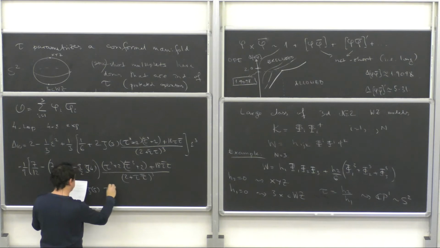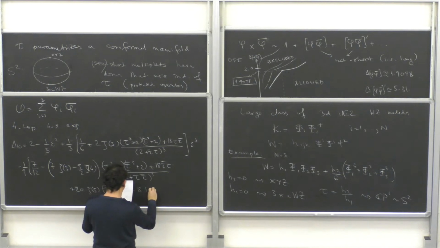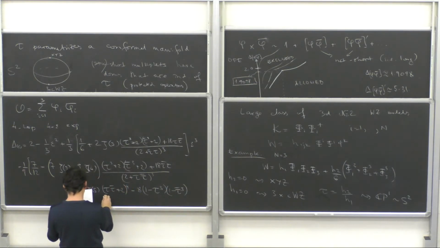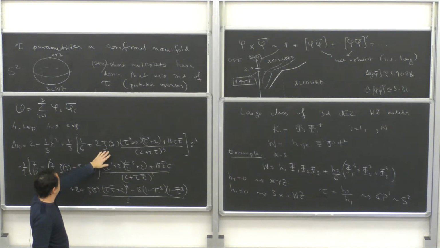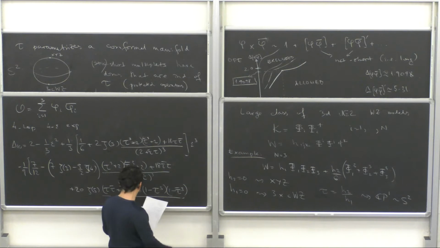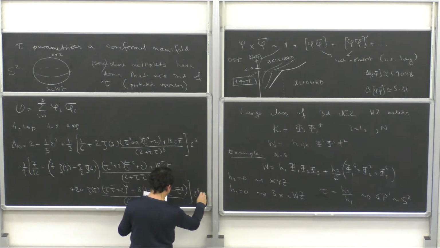One comment is that as you increase the number of loops, you get coefficients with increasing transcendentality. If you don't know what this means, you're not going to learn it here, but it's essentially the order of the zeta functions that you get. So at 3 loops, you get zeta 3. At 4 loops, you get zeta 4 and 5. So you have some structure like that, which you see in usual Feynman diagrams also, in other contexts.